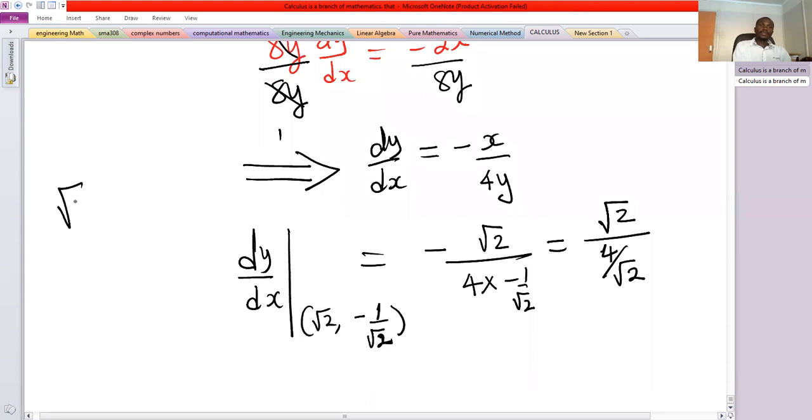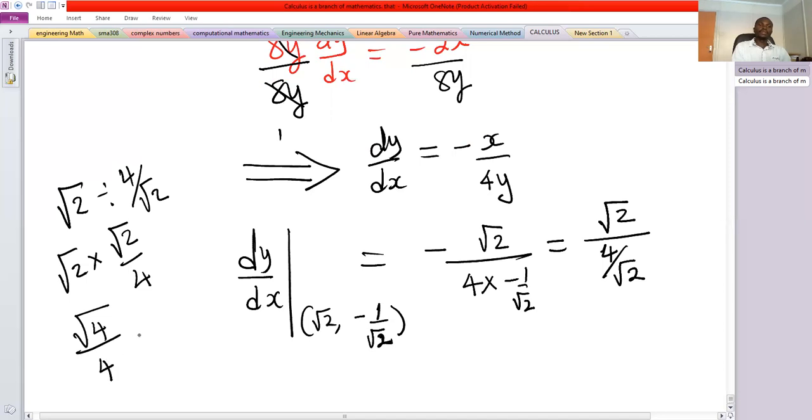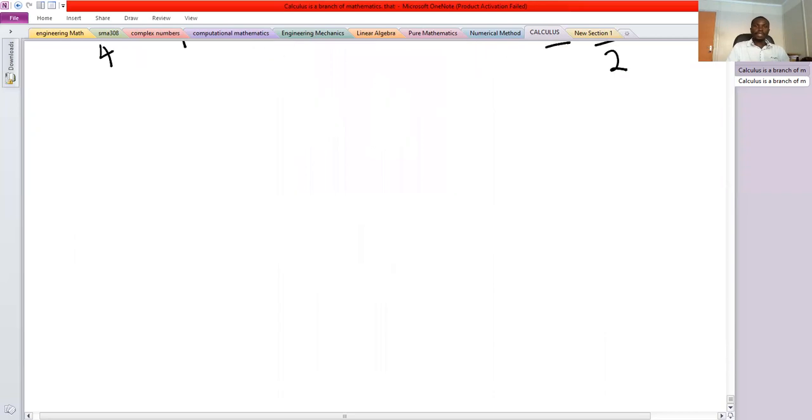Now, root 2 divided by 4 over root 2 is the same as root 2 times the reciprocal of 4 over root 2. So this will be root 4 over 4, which is 2 over 4, and this will give us a half. So that is the slope of the tangent at that point to that given curve.